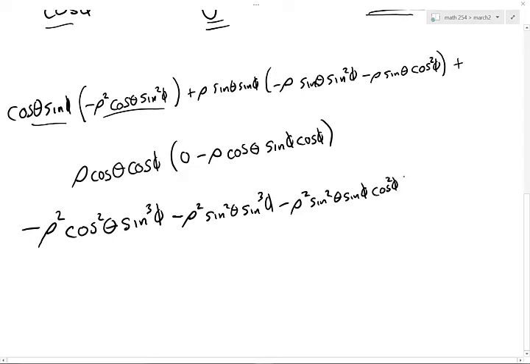Whew. How fun is this? Minus rho squared cosine squared theta cosine squared phi sine phi. Whew. All right, that's beautiful.